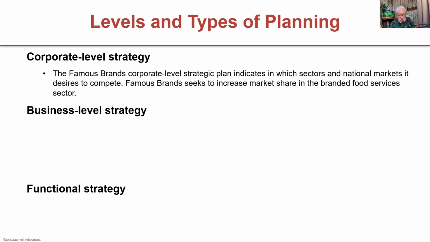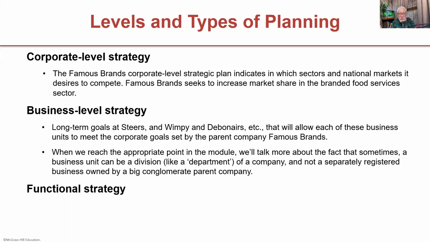And by corporate level strategy, I mean, if we take Steers and Debonaires, which are owned by a corporation called Famous Brands, together with Milky Lane, for example, the corporate level strategy is for the managers at Famous Brands to say, what do we want our brands to do? They're all famous. And how would we like Wimpy, which is another famous brand, what would we like them to do? Because each of those brands is a business, and each of those businesses has to perform.